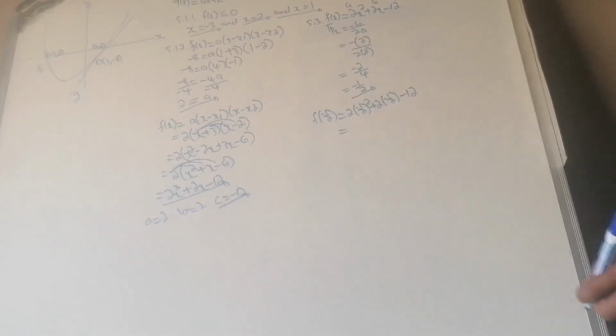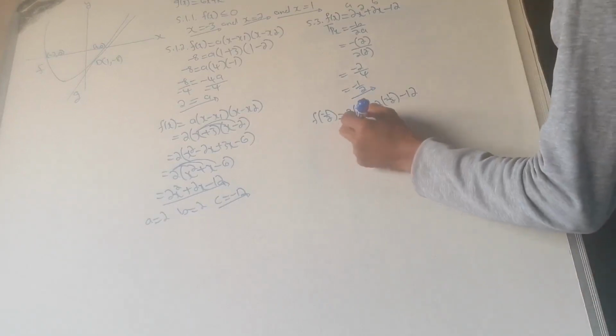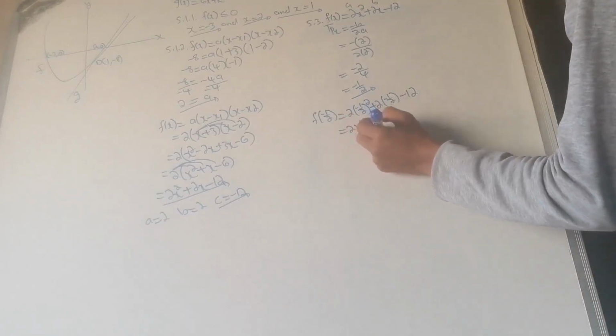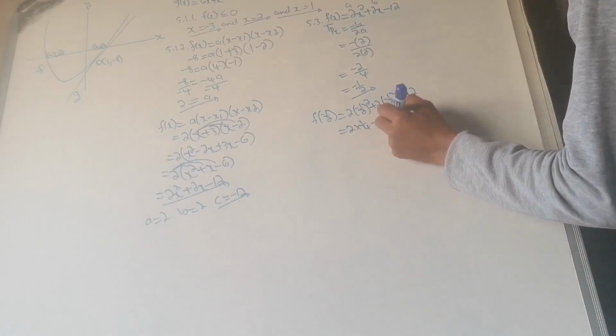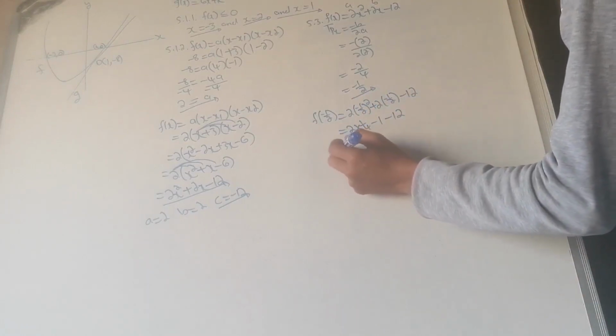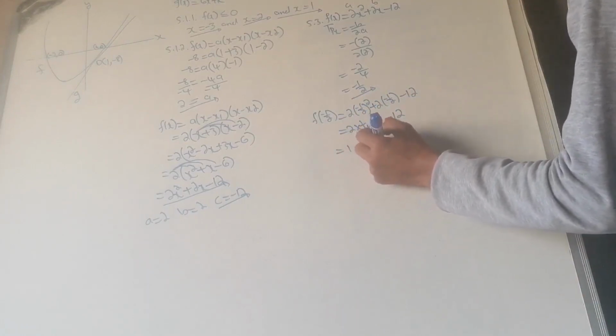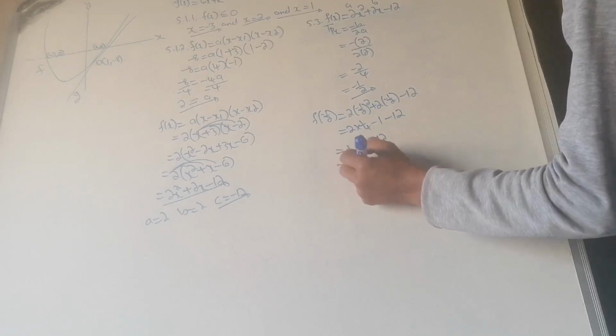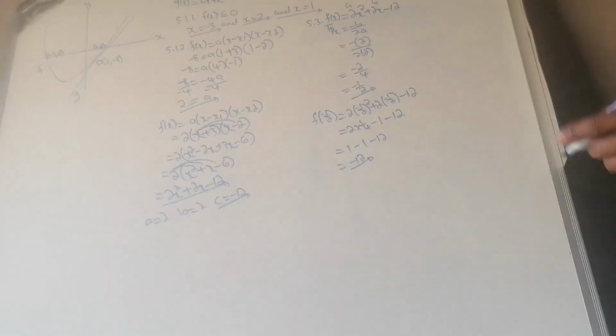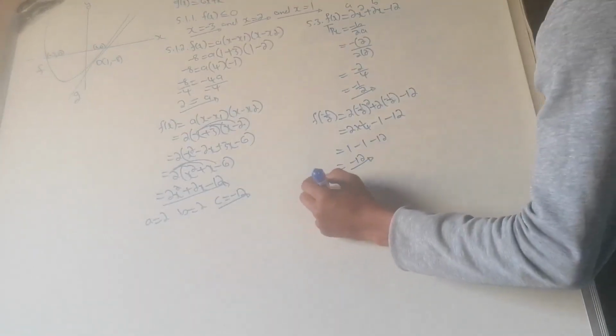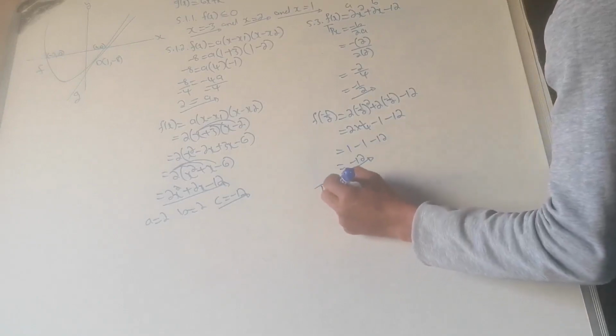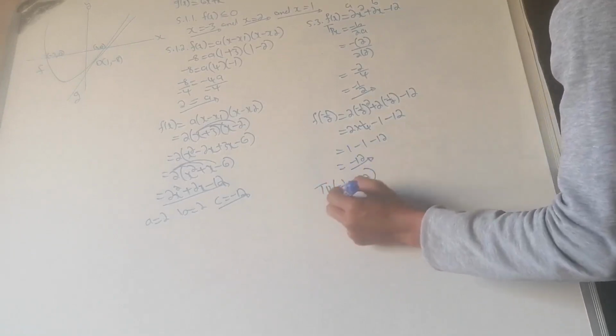That is 2 times 1/4 minus 1 minus 12, which is negative 12. So the coordinate of the turning point is minus 1/2 and minus 12.